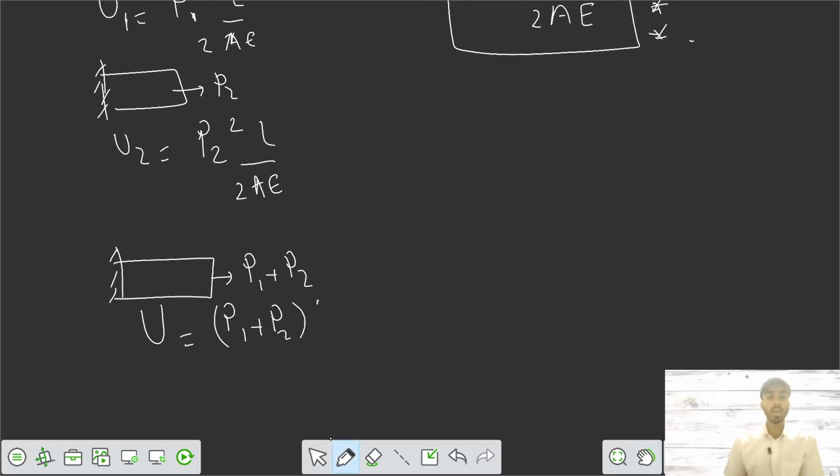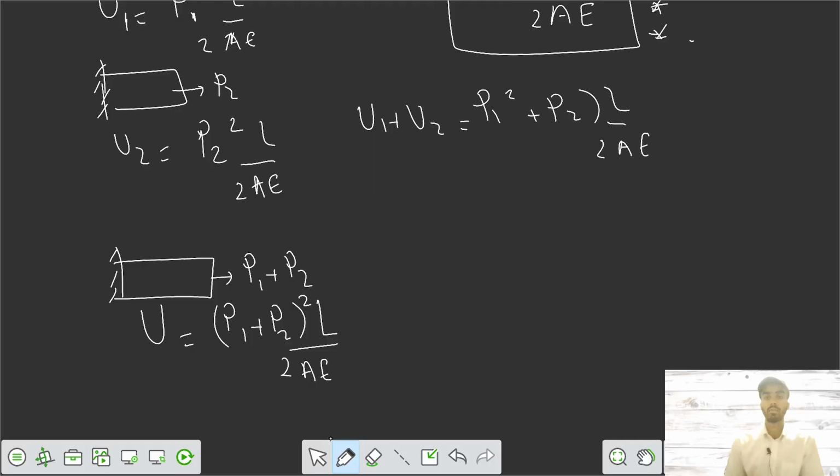U equals P1 plus P2, whole square, L by 2AE. Now U1 plus U2 equals P1 square plus P2 square, L by 2AE.